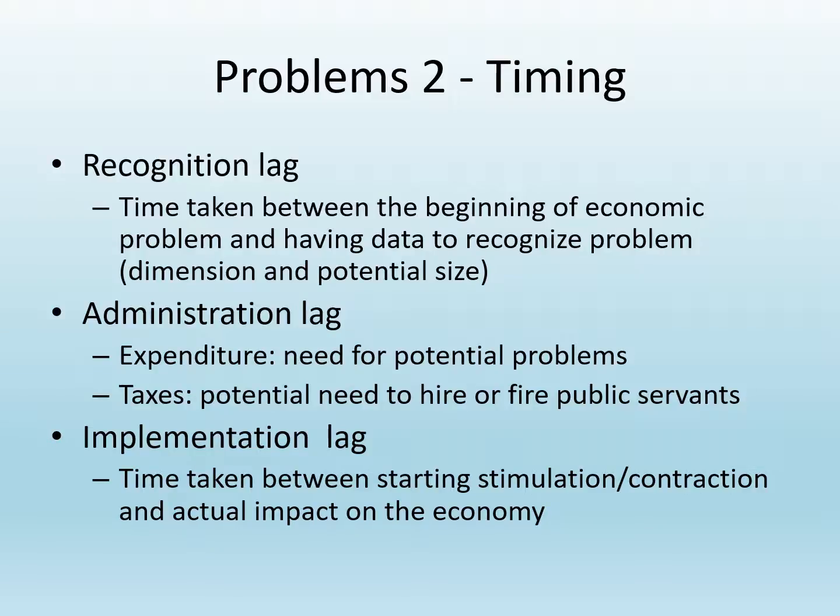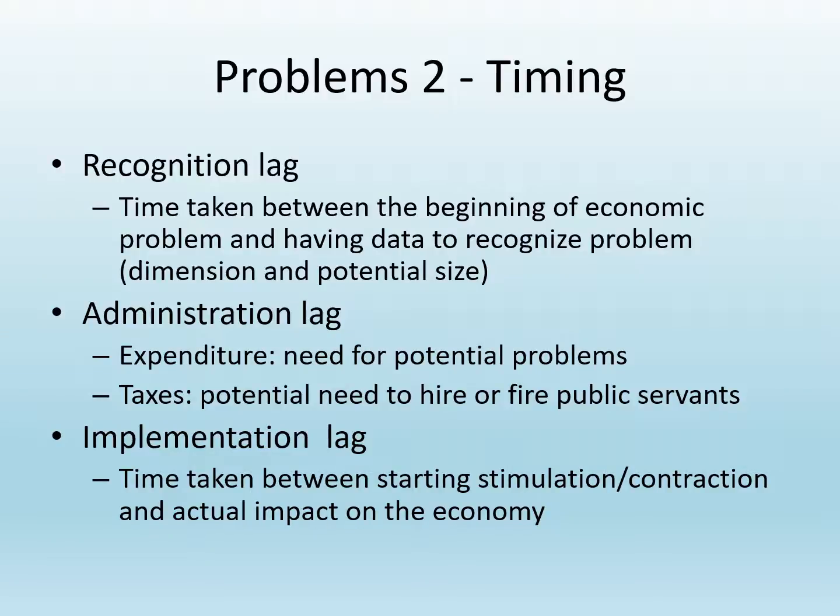And then finally, you have what are called the implementation lags. The implementation lag is the time between the implementation of a policy and the actual money hitting the economy. Let's take, for example, the building of a road. If you start building a road in June, a road is going to take 5 years to build, particularly if it's a highway and a significant project.